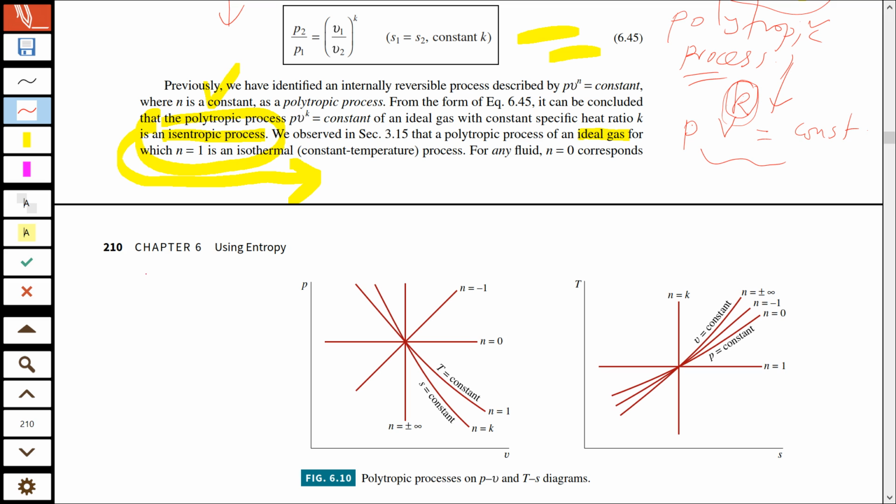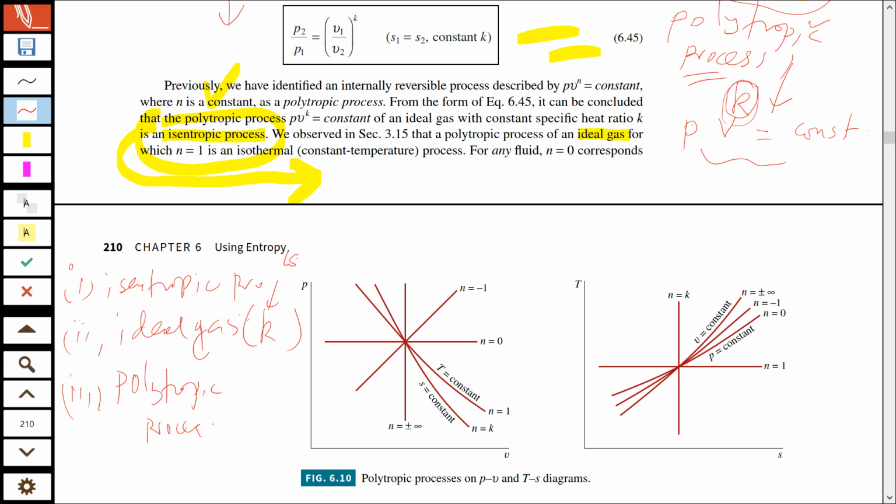The first condition is that you have an isentropic process, because it's a requirement of this section. The second is that we have an ideal gas, because you need to remember these conditions. And the third is that you have a polytropic process. And with ideal gas, you also assume that K is constant, Cp over Cv is constant.